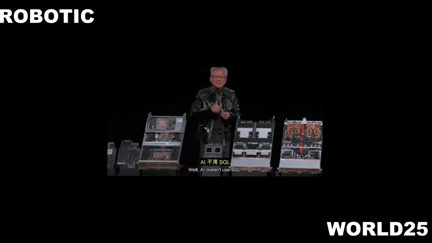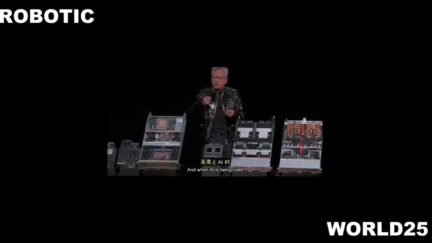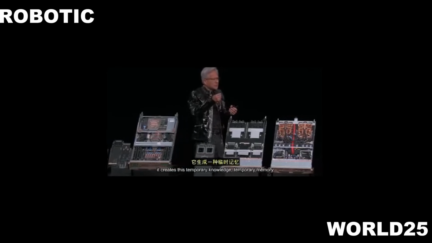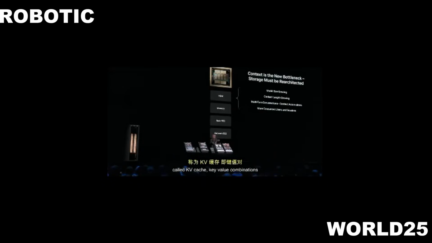Well, AI doesn't use SQL. AI uses semantic information. And when AI is being used, it creates this temporary knowledge, temporary memory called KV cache. Key value combinations, but it's a KV cache, basically the cache of the AI, the working memory of the AI. And the working memory of the AI is stored in the HBM memory.